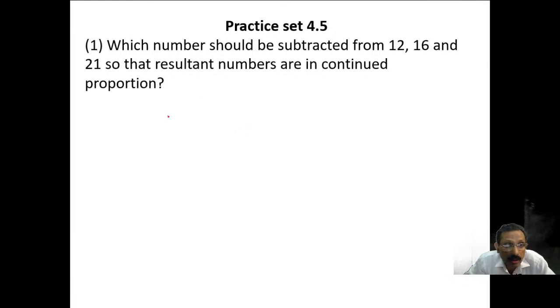We revised about the continuous proportion in a previous session. What is this continuous proportion and which number should be subtracted? If you see here, which number should be subtracted from the given numbers 12, 16 and 21. First, let us assume the number which is to be subtracted by a certain variable. Okay, let's start.